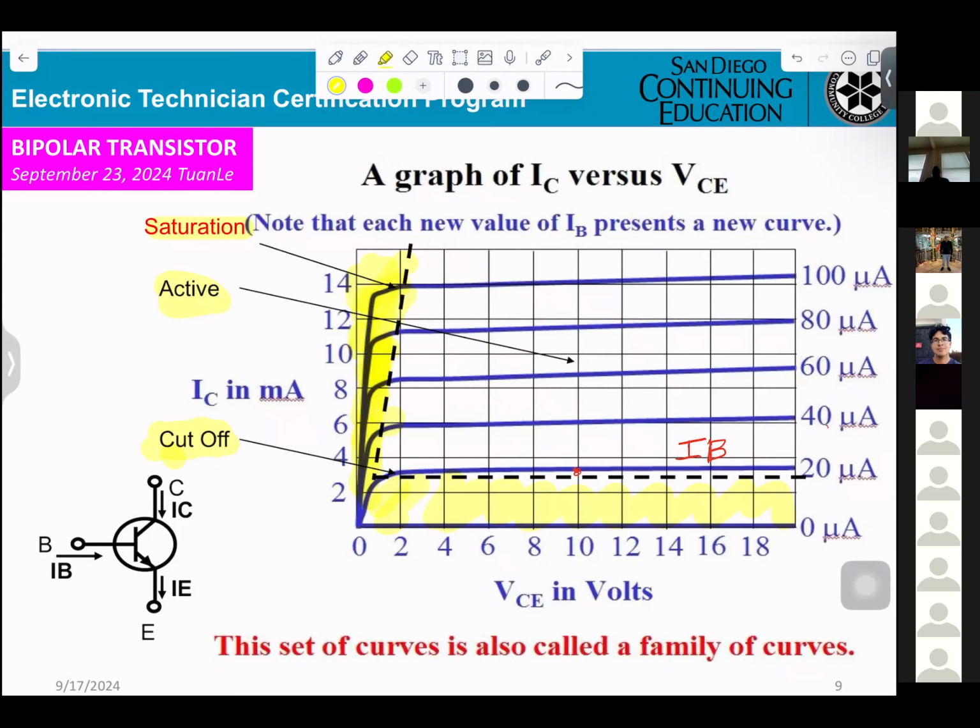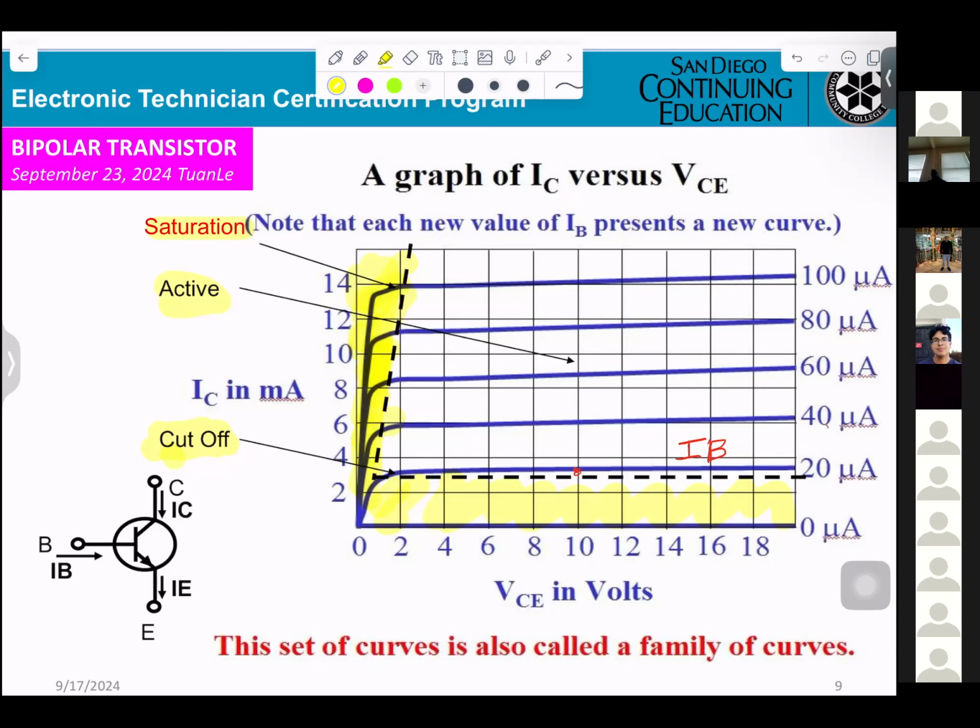That's for the engineer. If I want to use the transistor to design an amplifier, then I don't want that transistor to be saturated, and I don't want it to be cut off.